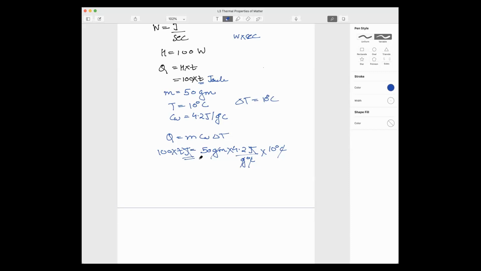Here we need to find T. That is simple. T comes out to be 50 into 4.2 into 10 divided by 100. So that will become 21 seconds.